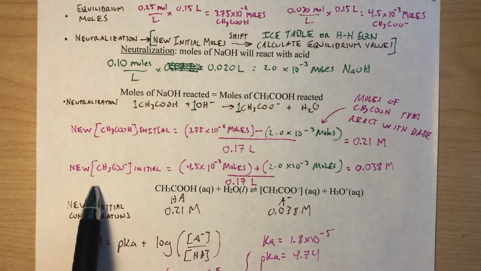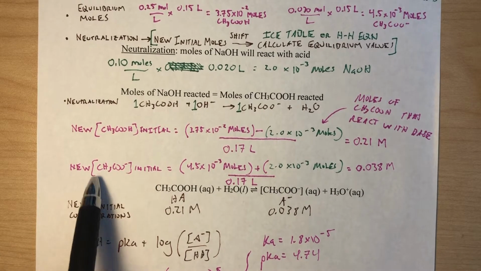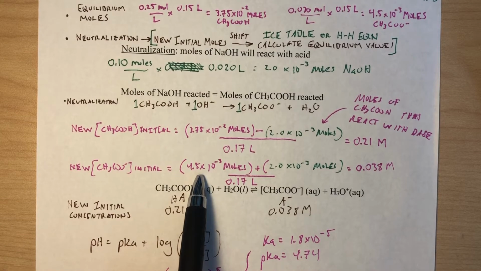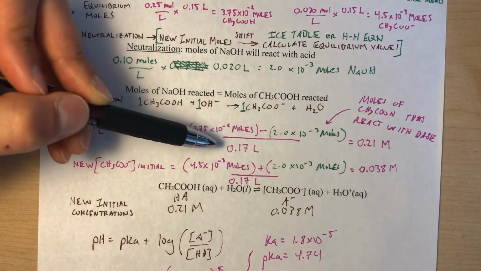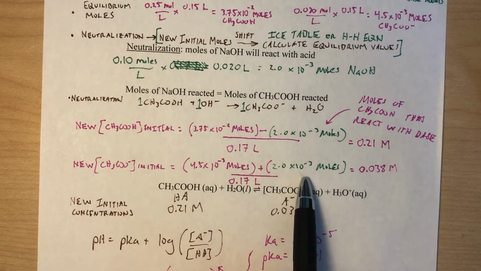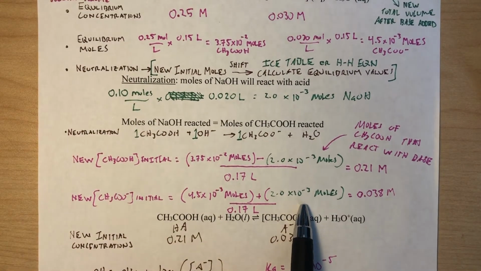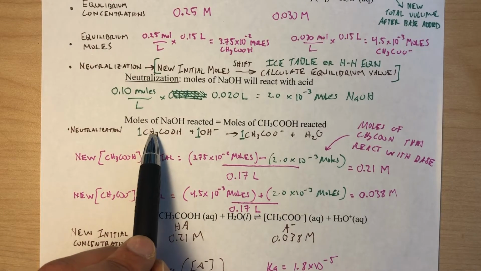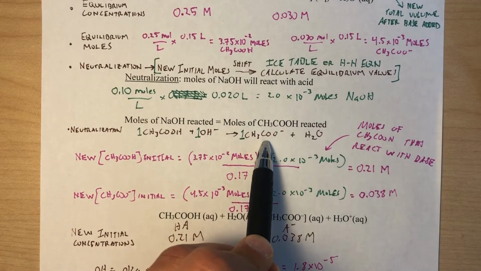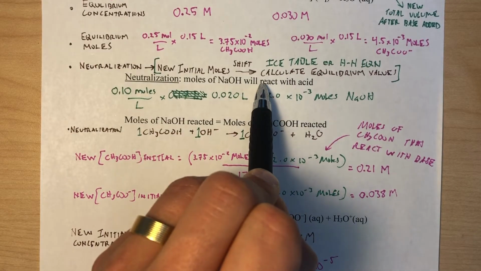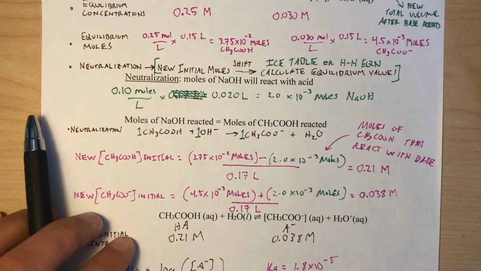Our new initial acetate concentration, CH3COO-, is going to be the 4.5 times 10 to the negative third that we calculated up here, and we're adding the 2 times 10 to the negative third moles. We're adding because as CH3COOH decreases, the moment we deprotonate that, we by default create more acetate, CH3COO-.